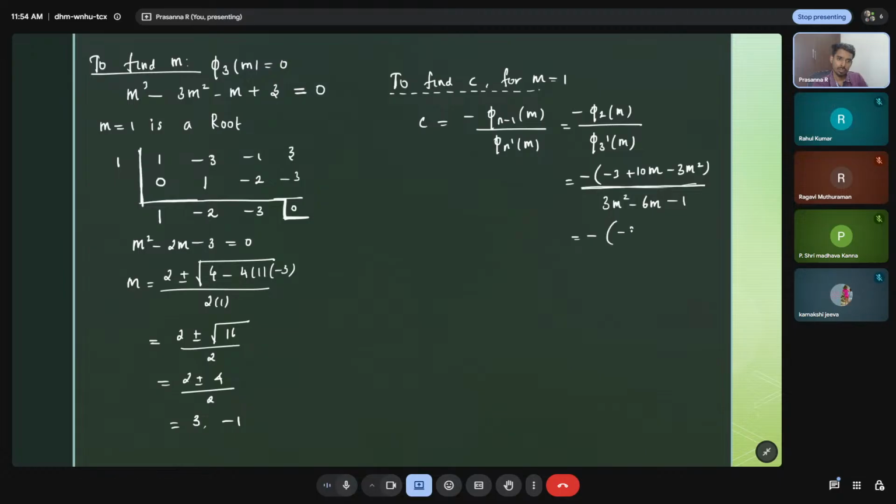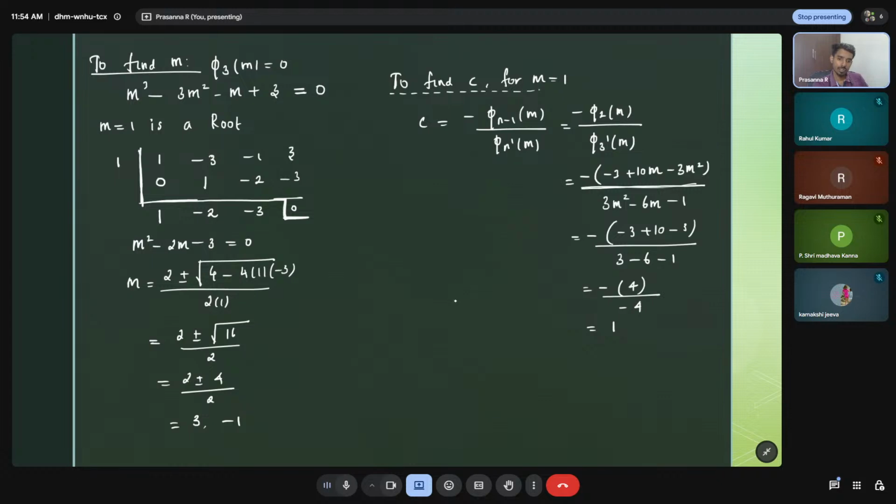So you put m is equal to 1. This will be 10 minus 6 is 4, 3 minus 6 minus 3. This is minus 4. And c is equal to 1, right? So for m is equal to 1, c is equal to 1.